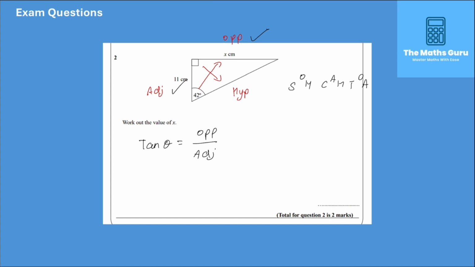Filling in our known values, we have tan 42 is equal to our opposite, which is x, what we need to find out, divided by 11, which is our adjacent. So timesing through by 11 on both sides, we get 11 tan 42 is equal to x. In this case, x is now equal to 9.9 to 1 decimal place.